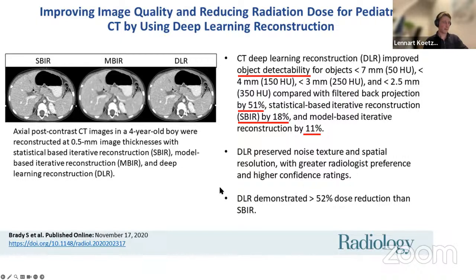Then lastly, and probably most importantly, in this study, it was possible to reduce the radiation dose by 52% compared to hybrid iterative reconstruction, while maintaining the same diagnostic accuracy. And I think this is the main finding of this study, since it's so important to keep the radiation dose as low as possible in pediatric scans.